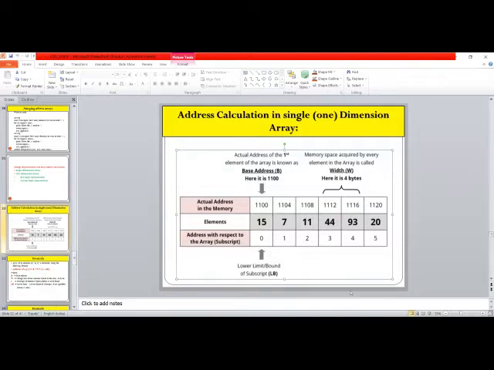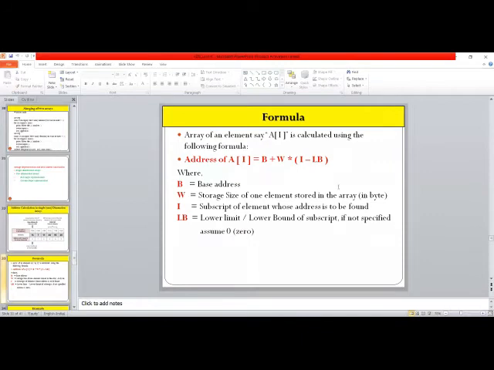So by these two facts, we can calculate the address of any particular element inside the memory. Right. Now see here. This is the formula for calculating the address of a particular element inside the memory.